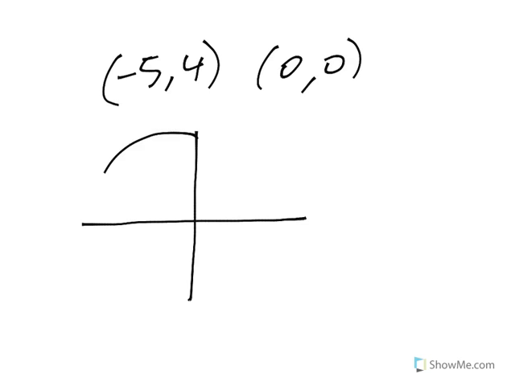And I'm going to be so bold as to draw a circle and talk about (-5, 4) being about there, where that's negative 5 and that's positive 4. So definitely the radius isn't 1, it's bigger than 1. But here's the ordered pair (-5, 4). Here's the origin.